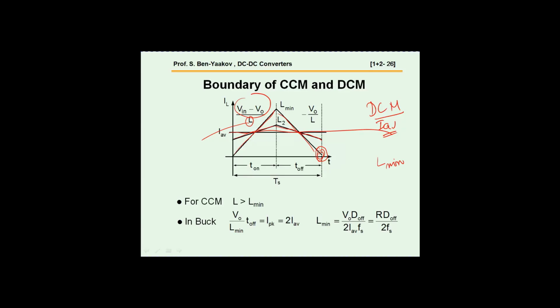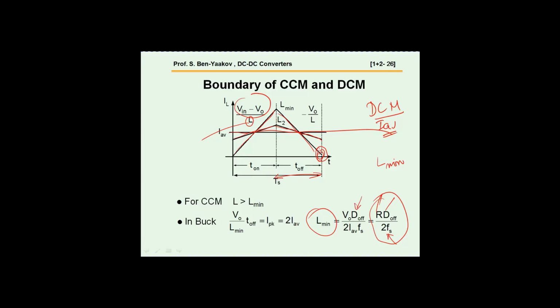Well, the calculation is quite simple. I'm not going to go through it, but the end result is that there is a simple expression for it. This is the load resistance. This is the time of T off, this time here that you operate. And this is the frequency of operation.